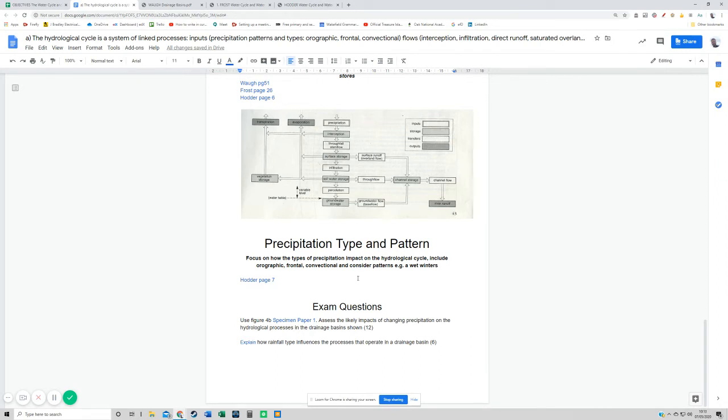Whereas frontal rainfall, with a warm front, tends to bring a lot of drizzle. Infiltration is more likely to absorb more of that into the soil, which means there's less surface runoff compared with convectional. So all it's really saying is that as you change the nature of the rain event, you're going to change how it moves through the system.